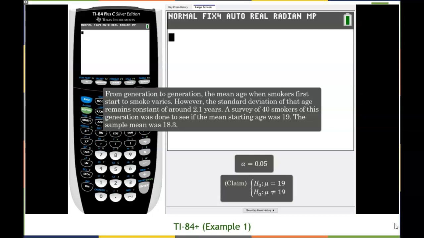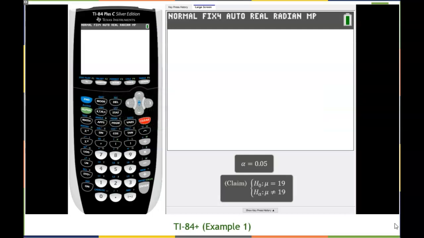And H0 is our claim. So whatever result happens actually happens not only to H0, but it's also our claim. So if we reject H0, that means we have to toss out our claim. It's no good. If we fail to reject H0, that means our claim is good and we can't toss it out.